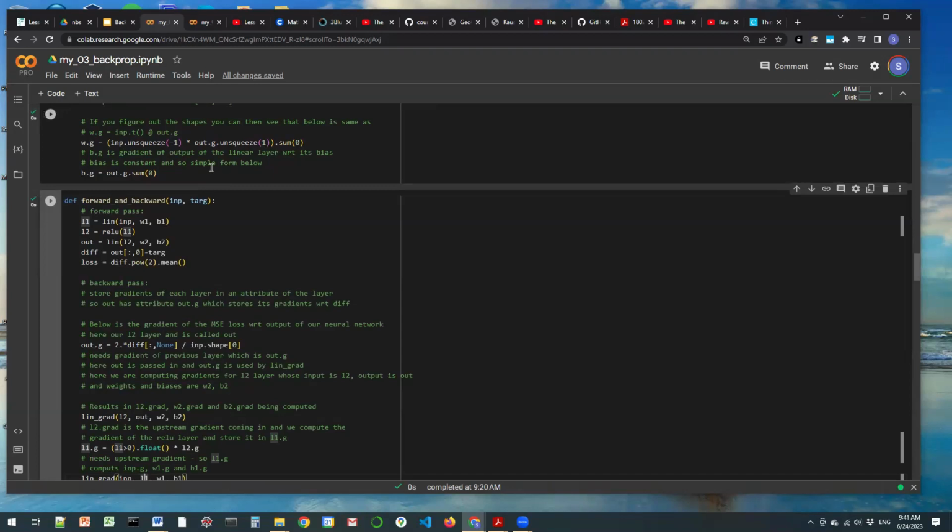Basically, what I spent all this time explaining: through math and the chain rule, we figured out how to distribute a change in loss to the various parameters, that is, to the W2s and B2s, and to the W1s and B1s, by taking the differentiation of every block by itself and multiplying the upstream gradient by the internal gradients we compute.